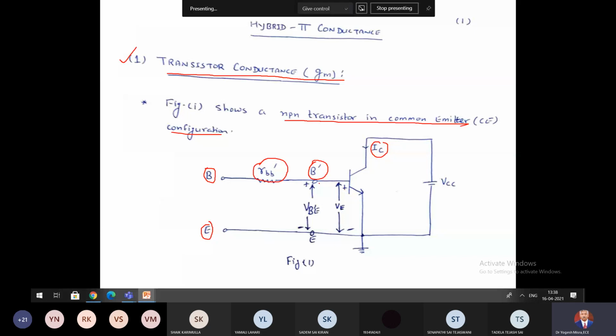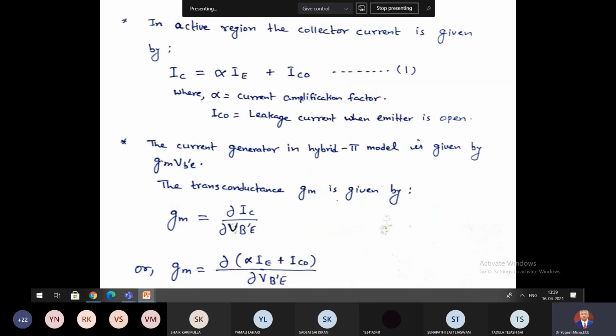Now the voltage between B dash and E, we are representing by VB dash E, and as well as here between base and emitter we also represent it by VE, emitter voltage. Now we know that in active region the collector current is given by this formula. Already we know IC is equal to alpha IE.